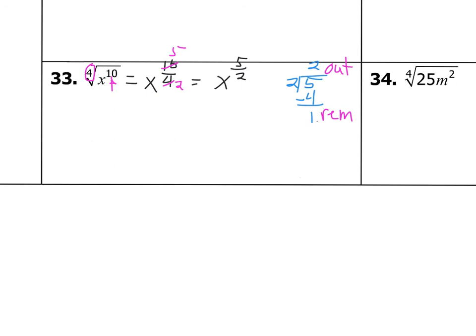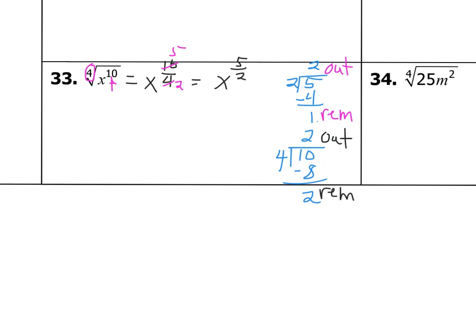And let's just check that. So if we went over here and did 10 divided by 4, four goes into 10 twice. 4 times 2 is 8. 2 remaining. But, just like we had before, you would have 2 that would go on the outside, and then 2 would be remaining.